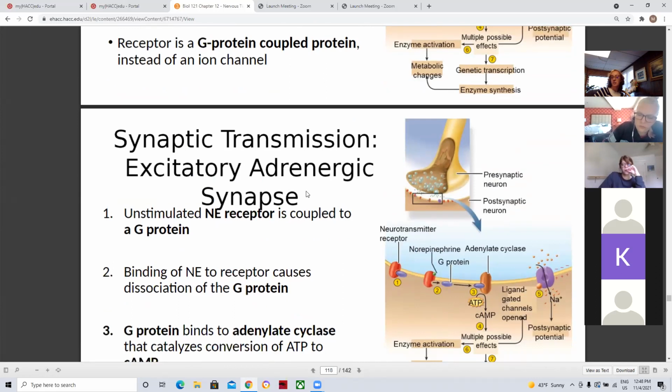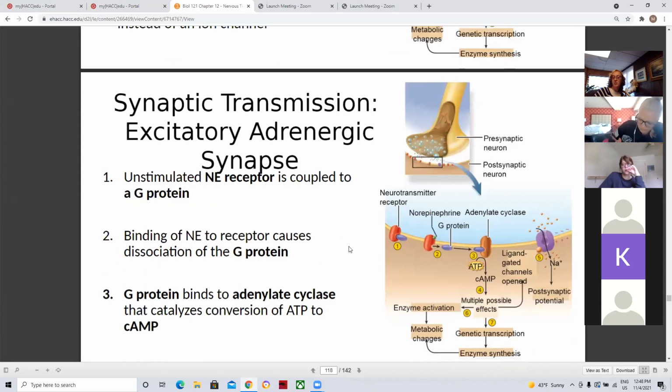So, unstimulated receptors are coupled to a G protein. The binding of the neurotransmitter, norepinephrine, NE means norepinephrine, causes the dissociation of the G protein that then goes and binds to adenylate cyclase and activates it. Adenylate cyclase then catalyzes the conversion of adenosine triphosphate to cyclic adenosine monophosphate.